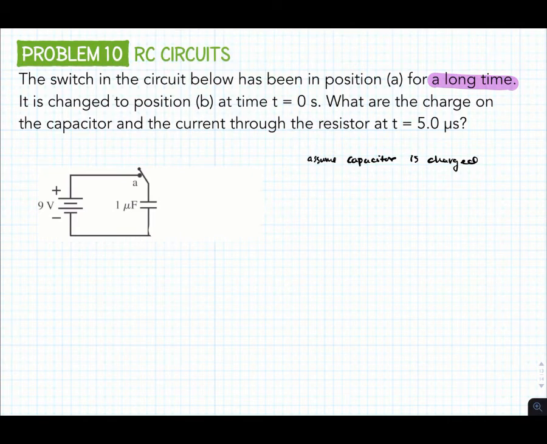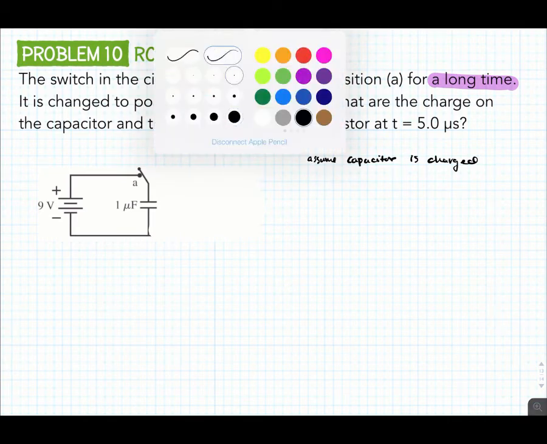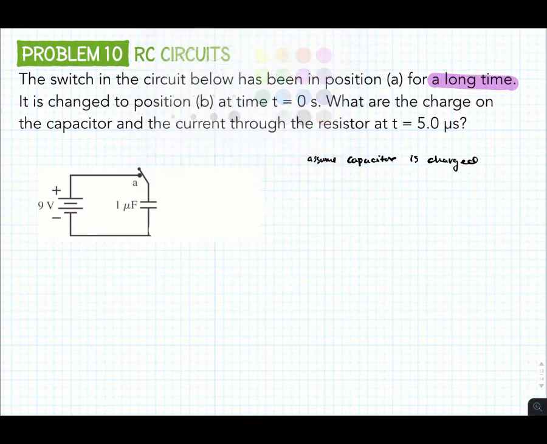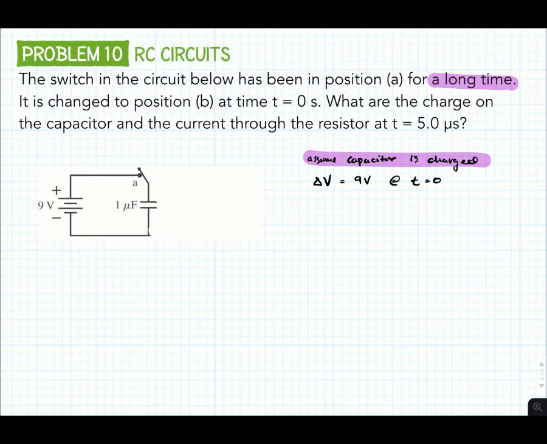Because it looks like this, we assume the capacitor is charged, and we can figure out from that what its voltage and its charge are. Its voltage is pretty simple. It's going to be the same as this battery over here, so delta V equals 9 volts at t equals 0 seconds, because now the time matters.